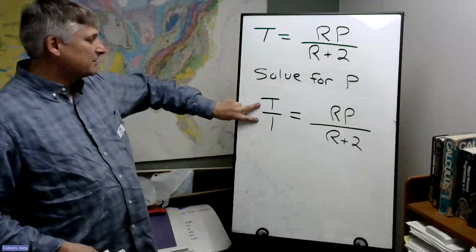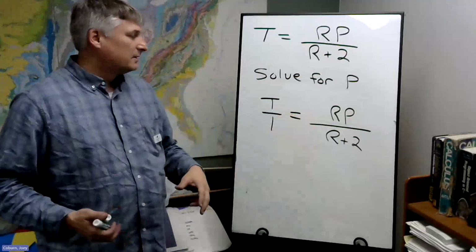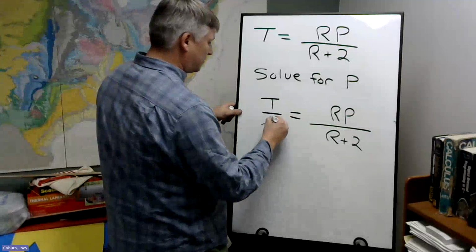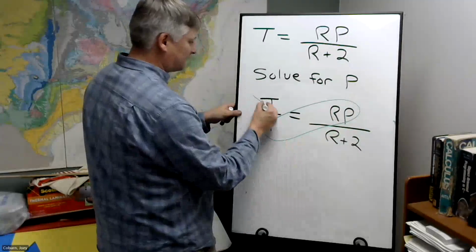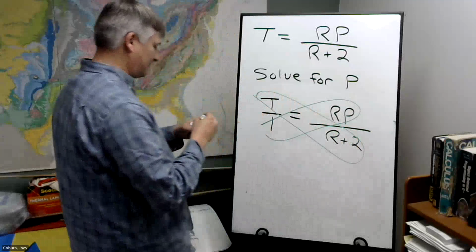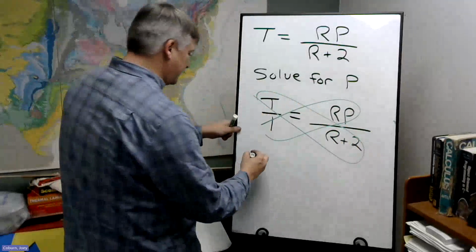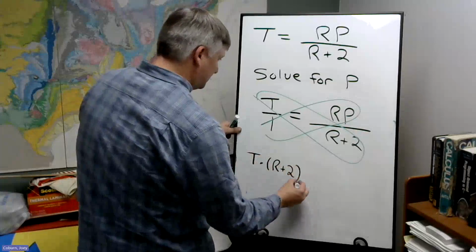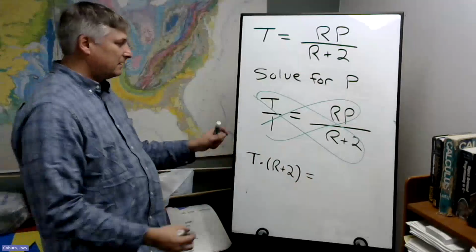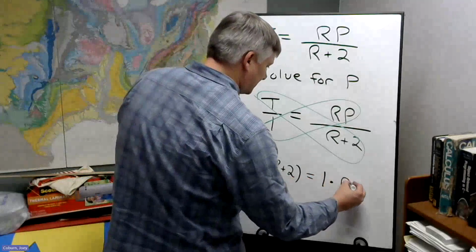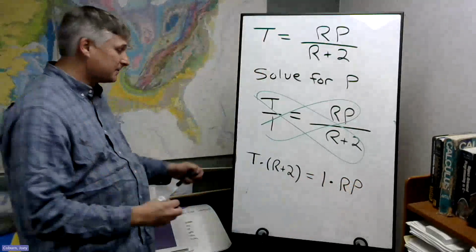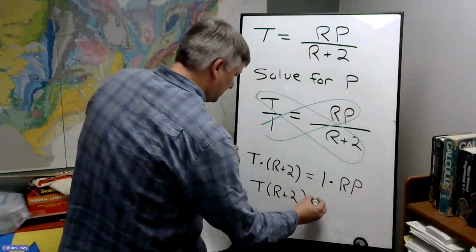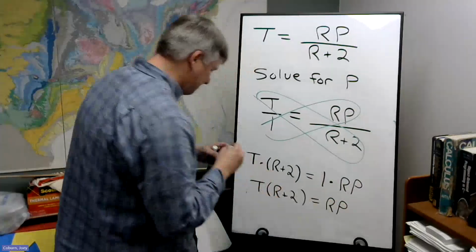So this would give us a fraction on this side and a fraction on the other. Now we want fractions. Here's why. We can cross multiply. If we cross multiply, we'll get t times r plus 2 on one side, and then 1 times rp on the other. So this is t times r plus 2 equals rp.